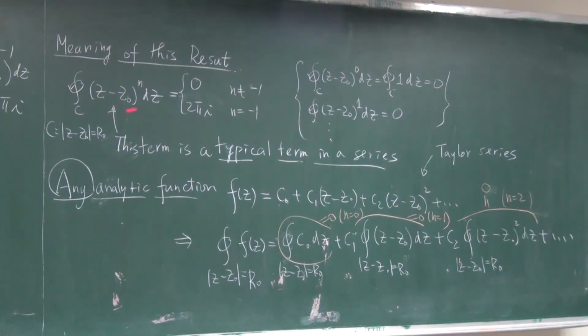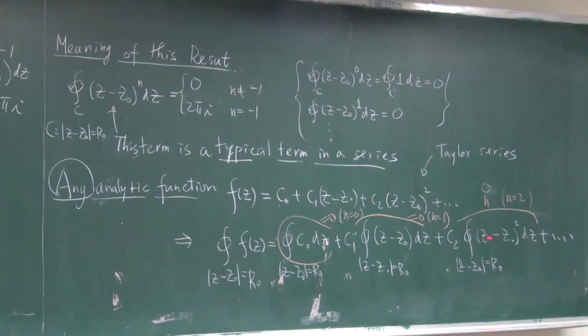So when we talk about the integration of these special terms, actually we are integrating an analytical function, and in fact this analytical function can be arbitrary. All analytical functions can be expressed in this way, and can be integrated in this way. So we integrate this function along a circle, and we have the integration term by term. For every term, the result is just equal to 0.